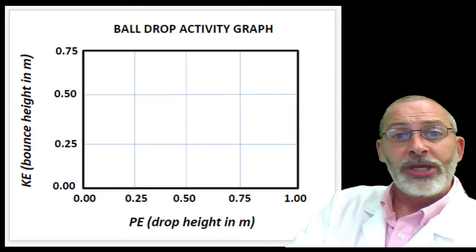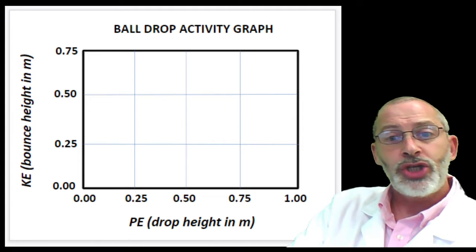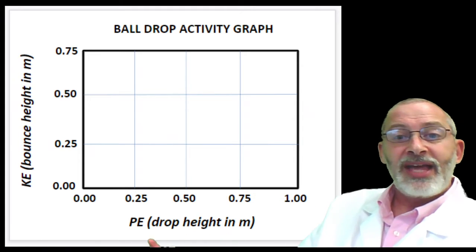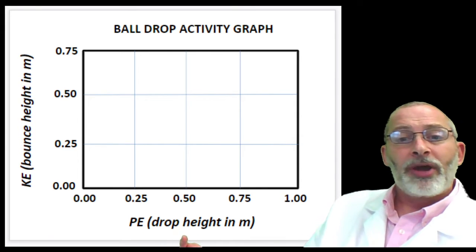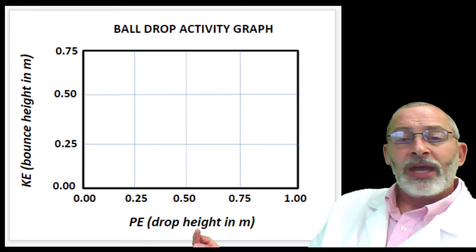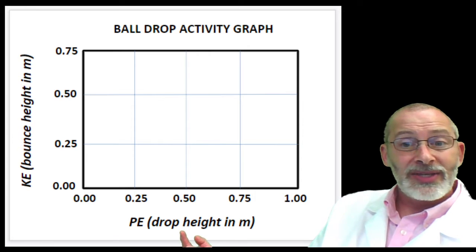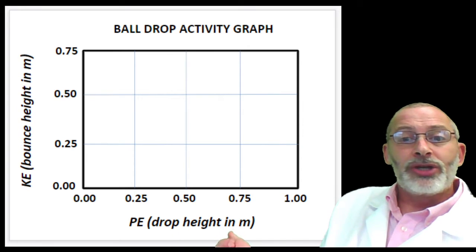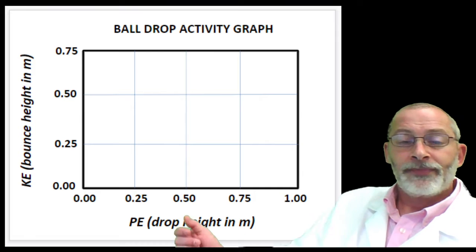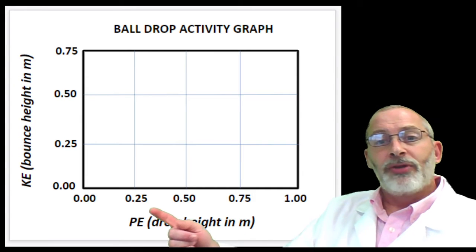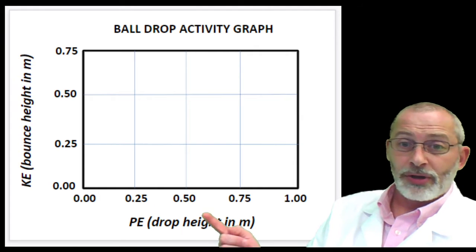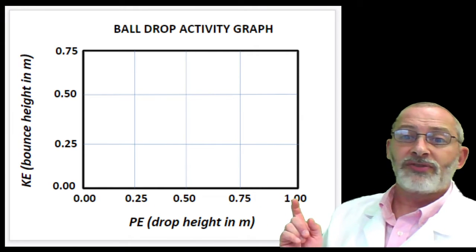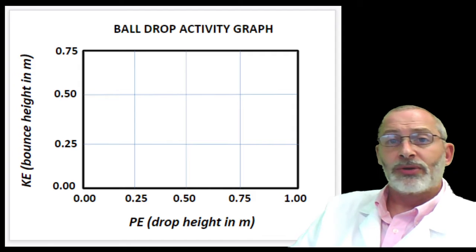I am going to be changing the potential energy of the ball by dropping it from a different height. You'll notice on the y-axis, the height is measured in meters. So we're going to be dropping it from 0.25 meters, 0.50 meters, 0.75 meters, and finally 1.00 meters.